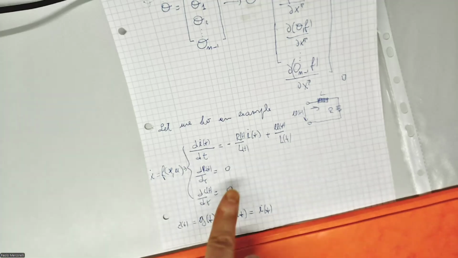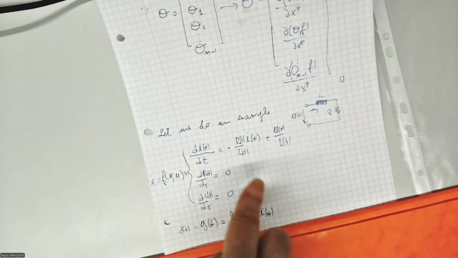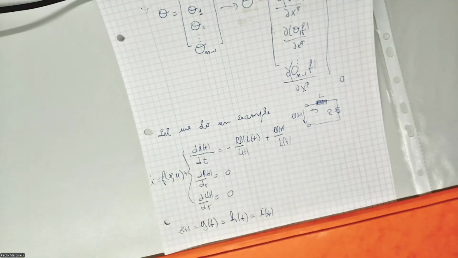Artificial in the sense, you remember I told you the derivative of R equals 0, the derivative of L equals 0, which covers just deterministically the case in which R and L are constant.